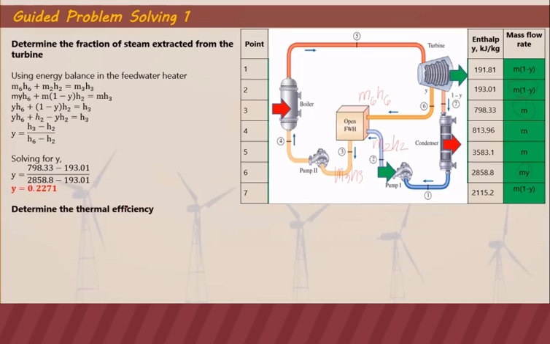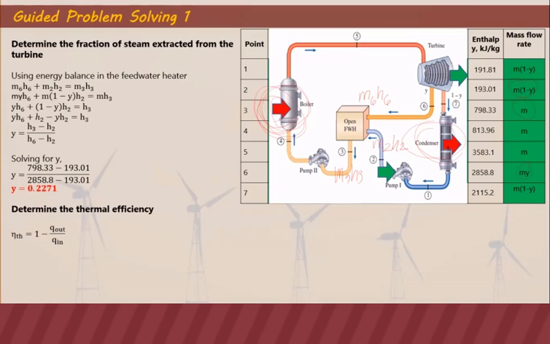To determine the thermal efficiency, we just use our equation. Thermal efficiency is equal to 1 minus Q out over Q in. If you look at our diagram, our Q out is the heat rejected at the condenser. Our Q in is the heat that we absorb in the boiler. In green are the work, and the red arrows represent the heat.